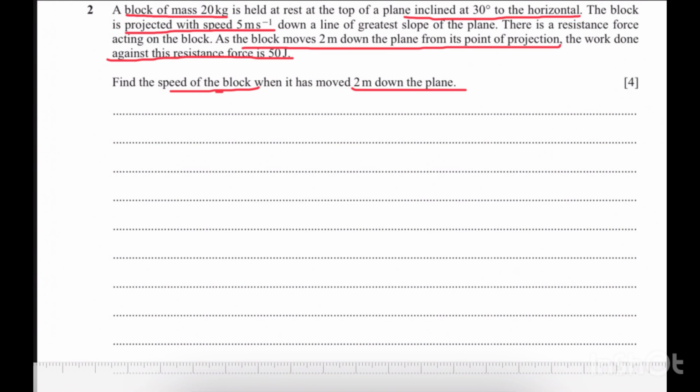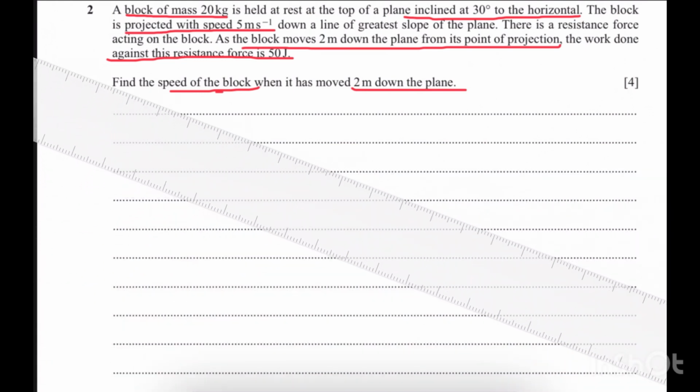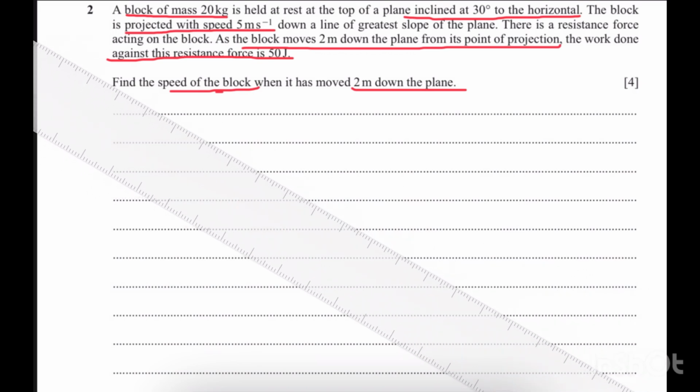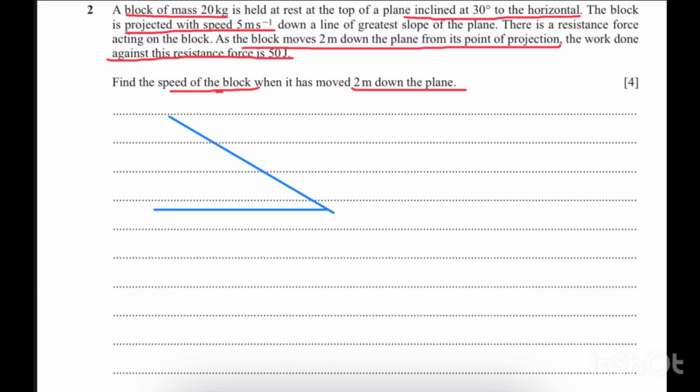So first we're going to draw the diagram that represents the situation. I'm going to draw a hill. So let's say that this is the hill, and it is inclined at an angle of 30 degrees to the horizontal.